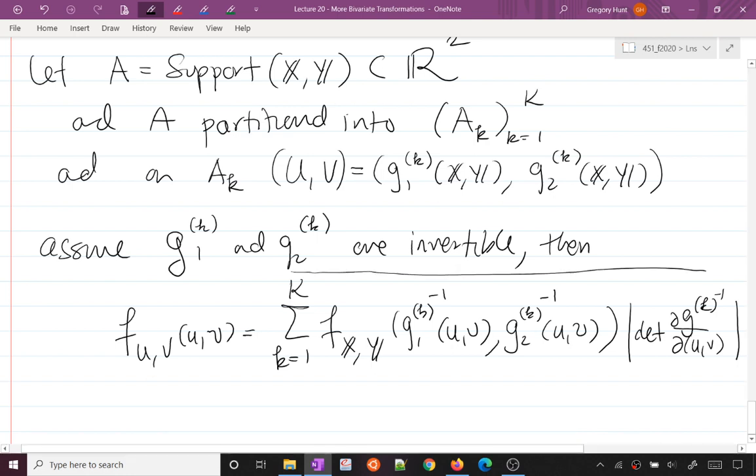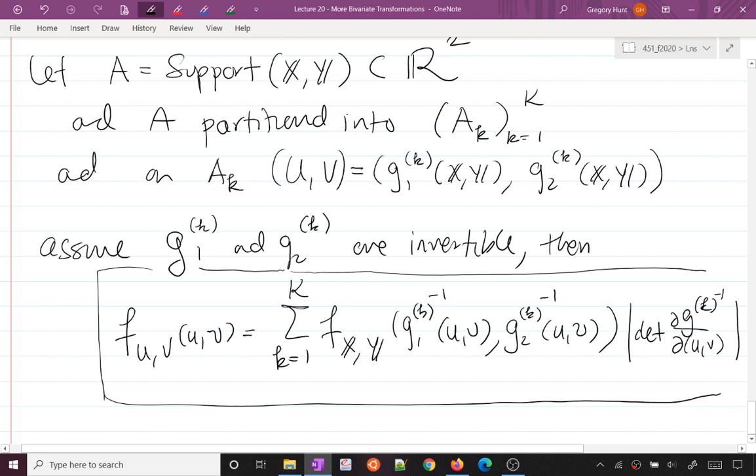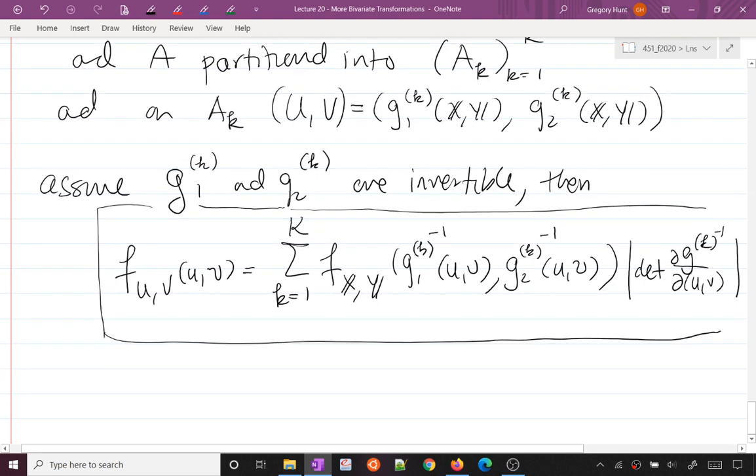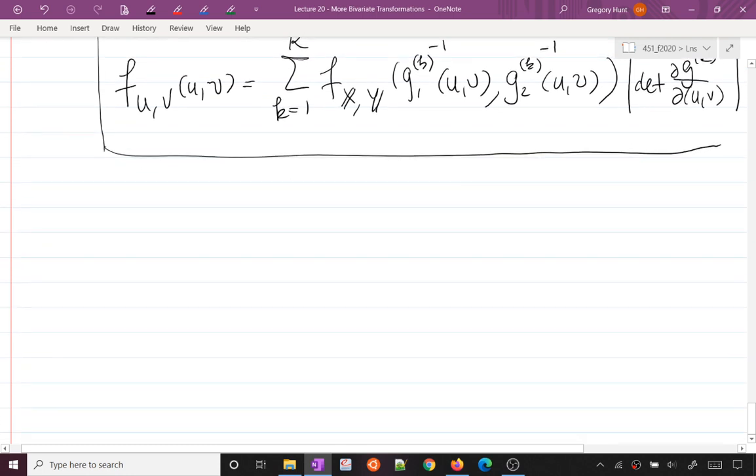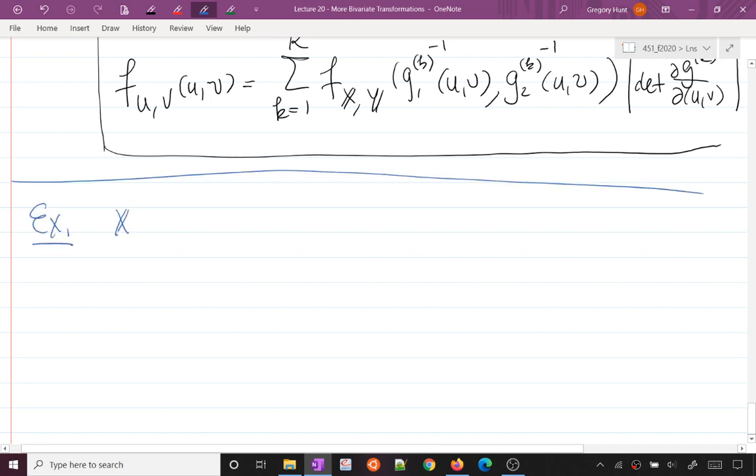This is the operative theorem here, and in practice it's not too hard, as long as you don't have too many chunks. It's basically applying the previous bivariate transformation theorem for the continuous case to the chunks and then summing them all up. The theorem's a bit of a mouthful to write down, so let's look at some examples. Here's our example.